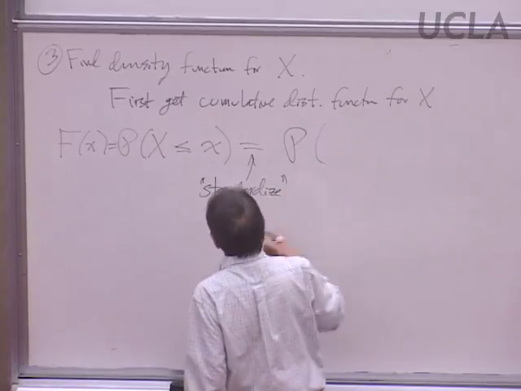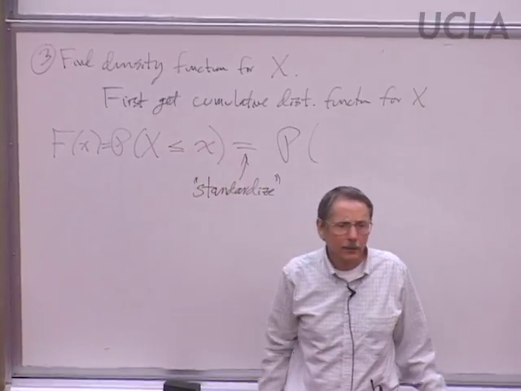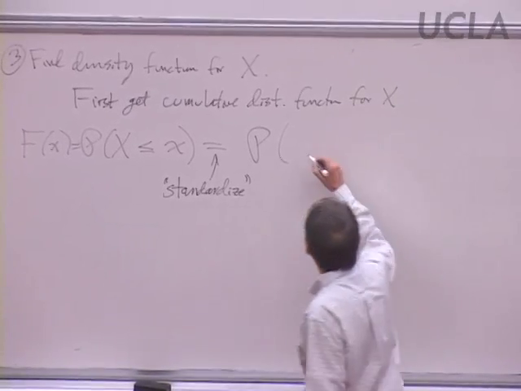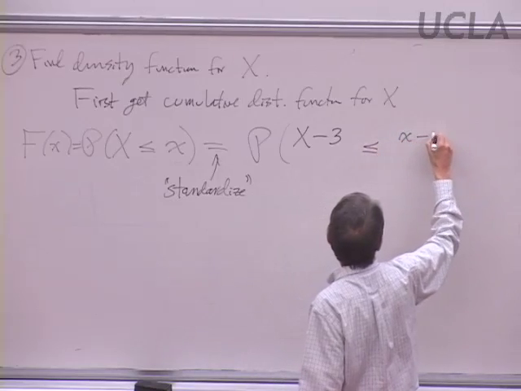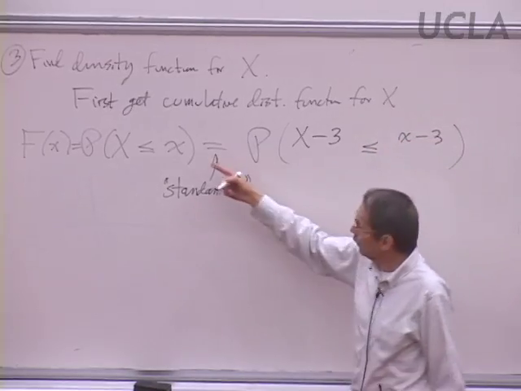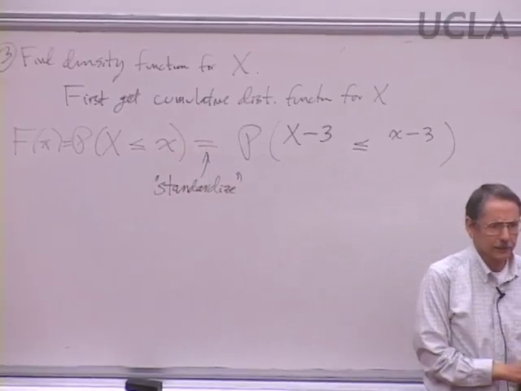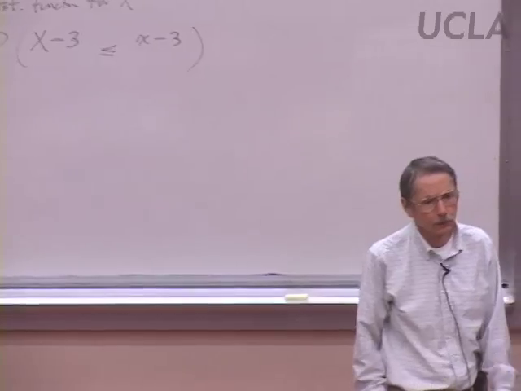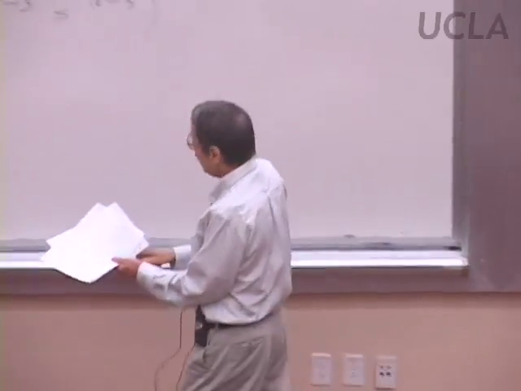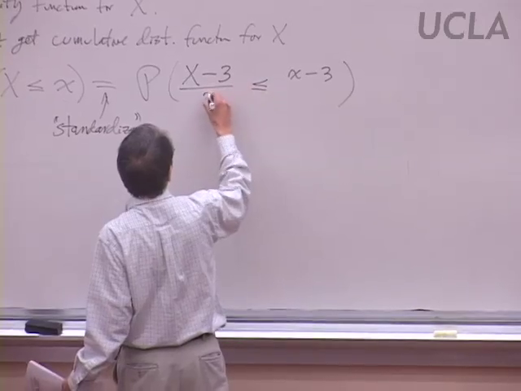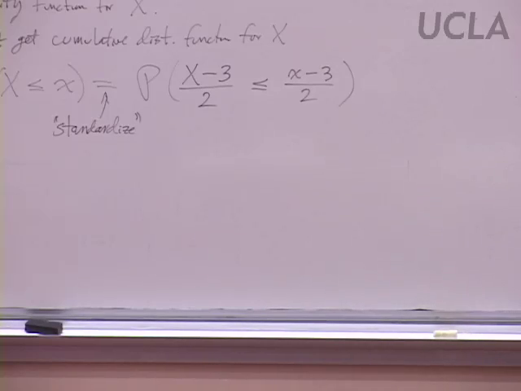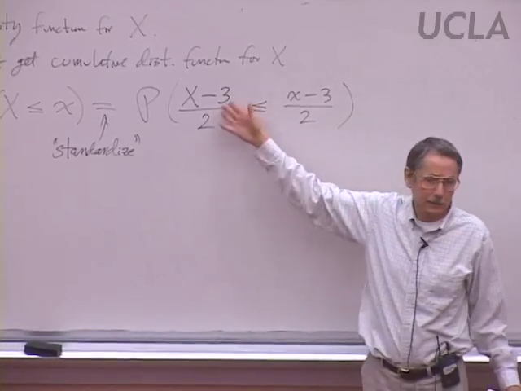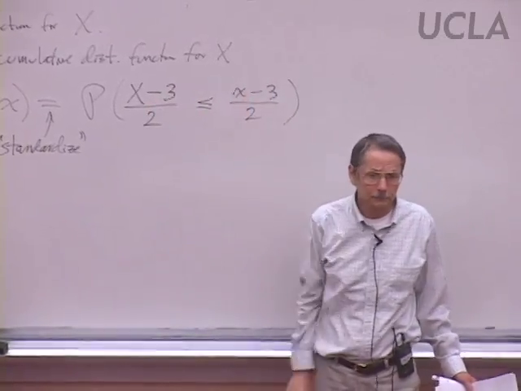The event, capital X less than or equal to little x, is the same event as X minus 3 less than or equal to little x minus 3. All we did was subtract 3 from both sides of the inequality. That's an equivalent inequality. And now we're going to divide both sides by the standard deviation, 2. Again, it's an equivalent inequality. So it's the same event, same probability.